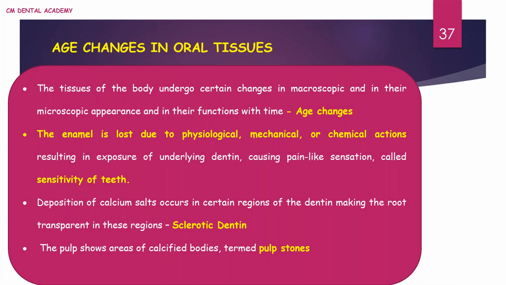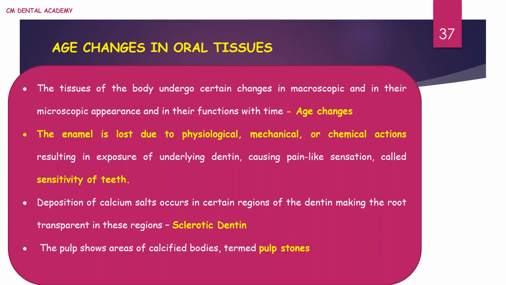What will occur in the oral tissues as age advances, once they are formed, will be dealt with here. The tissues of the body undergo certain changes in microscopic appearance as well as in function, and these are called age changes. Enamel is lost due to physiological, mechanical, or chemical action, resulting in exposure of the underlying dentine.